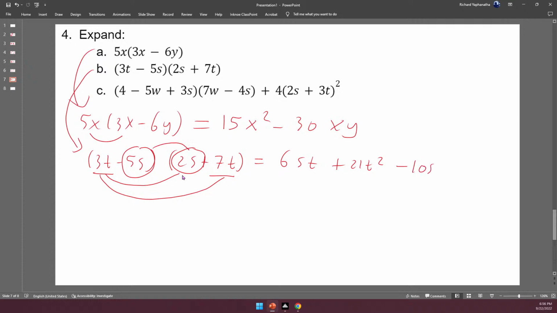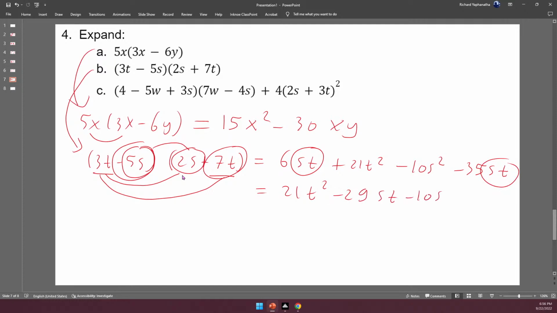I pretend not seeing that. And then the last one, 5s, and then the second one, it will be minus 35st. As I said, pretend not seeing that. Because we have 2st here, we have st here and st this. It is combined together, 29st minus 10s squared. After that, I am done with the c.